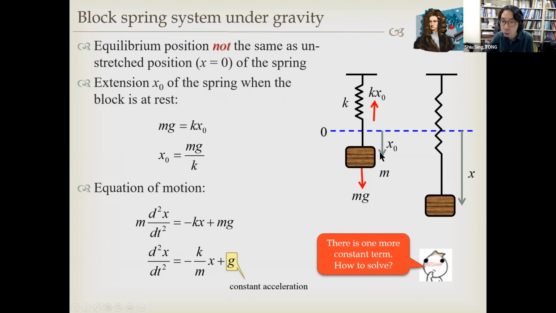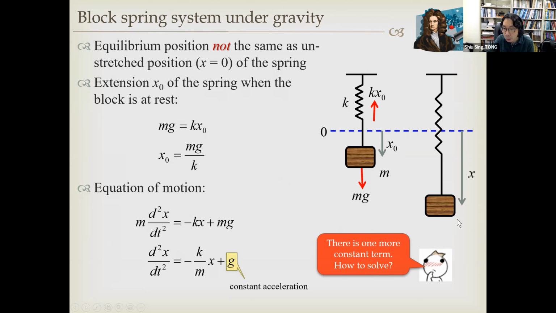It is just a downward shift of the equilibrium position from the unstretched position. Initially, without gravity, this level is the unstretched position, the equilibrium position of the spring. But now, because of gravity, the equilibrium position has shifted downwards by a distance of x0. It's due to the weight of the object, which stretched the spring by a little bit.